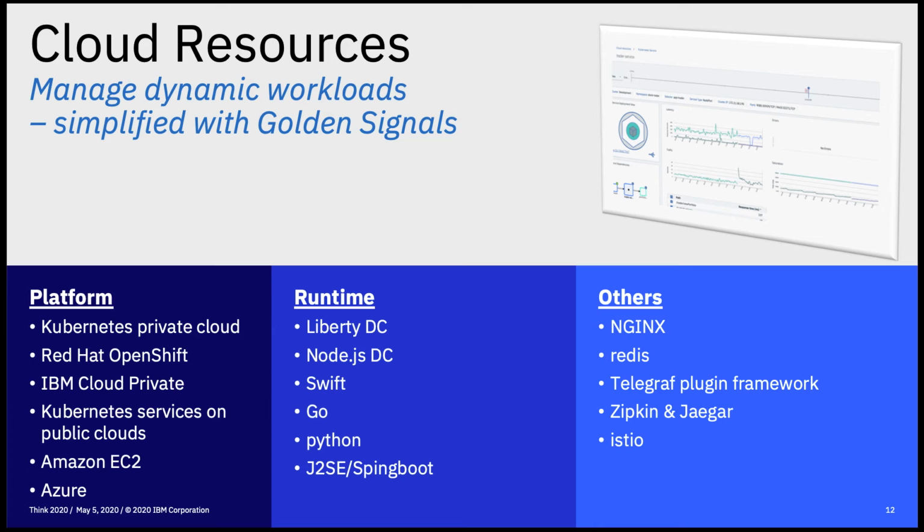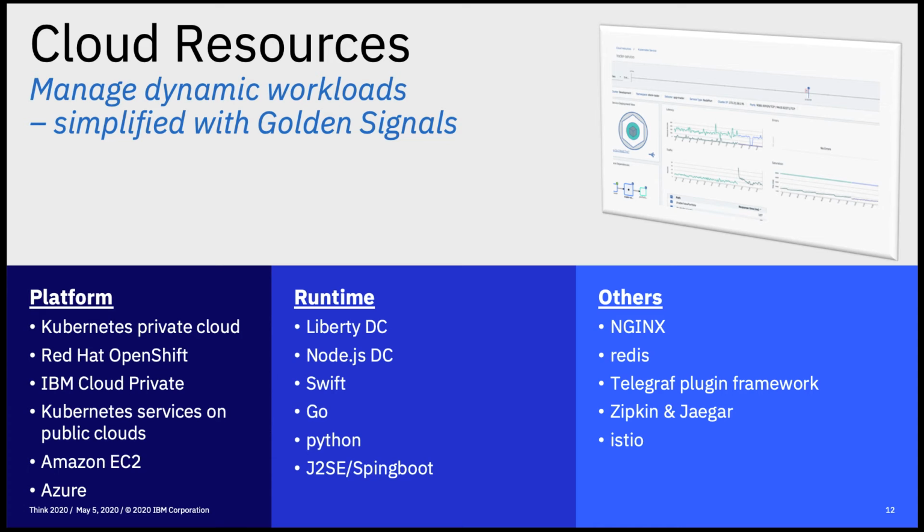Examples are several platforms like Kubernetes, Red Hat OpenShift, runtimes like Liberty and Node.js, and distributed tracing tools like Zipkin and Jaeger, etc., to name a few.